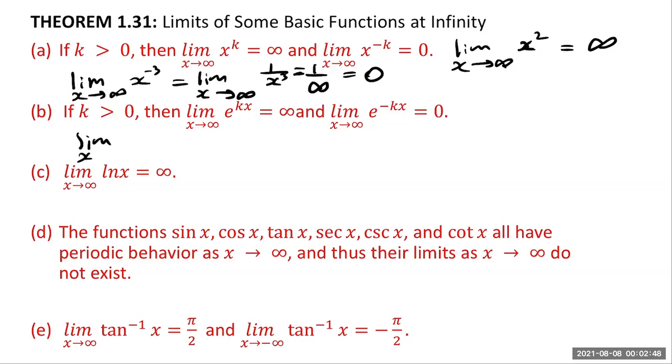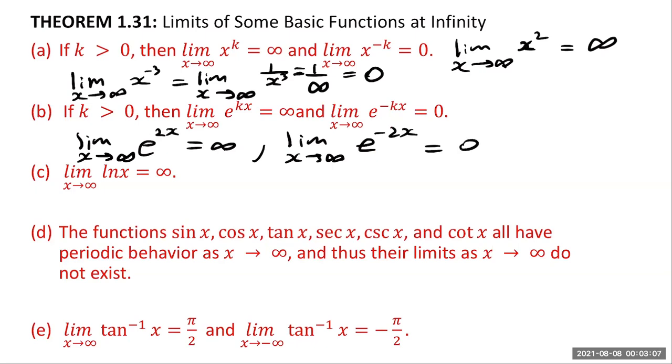As x approaches infinity, e to the power 2x is equal to infinity by this theorem. If you have a positive number here, but if you have a negative number there, limit as x approaches infinity, say e to the power minus 2x this time, that is equal to 0.